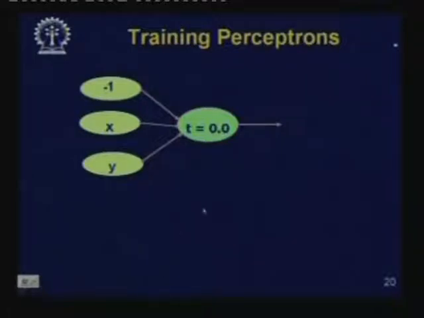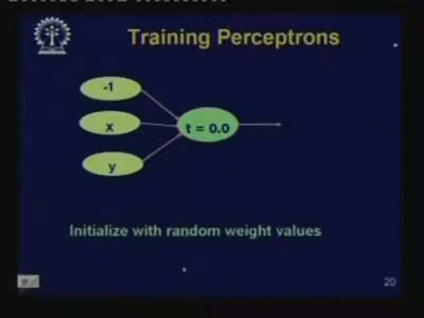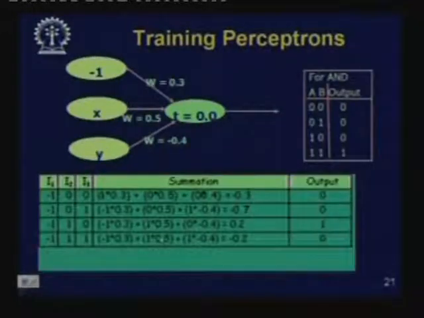Suppose we have this perceptron structure where x and y are the two inputs, and this is the output, and the target is 0.0. Now, we initialize the weights as random values.